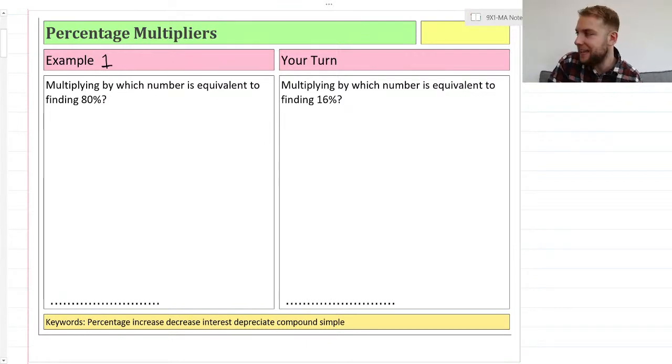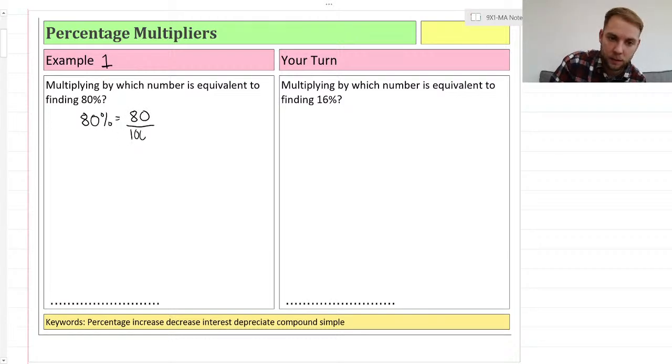So if I'm finding 80%, we want to write that as a percentage multiplier. Remember 80% actually means 80 over 100, which in this case is equal to 0.8. You could just do 80 divided by 100, which is basically what it means. So I times by 0.8.